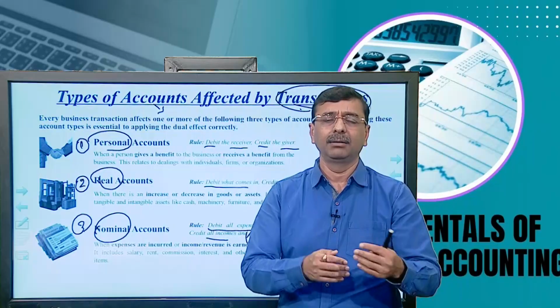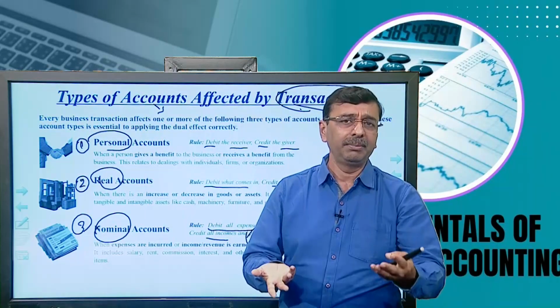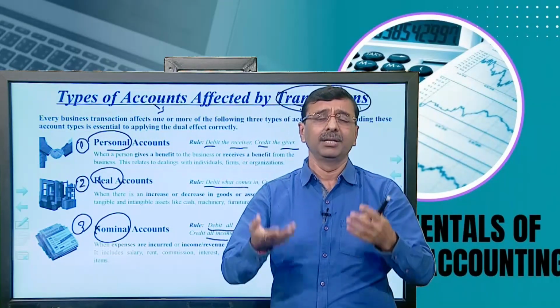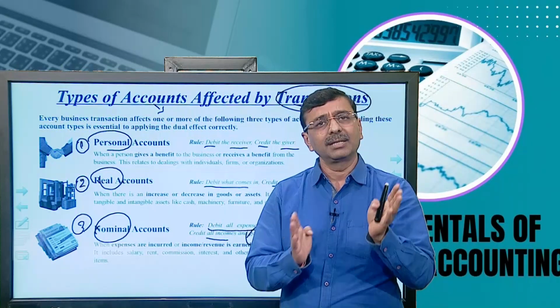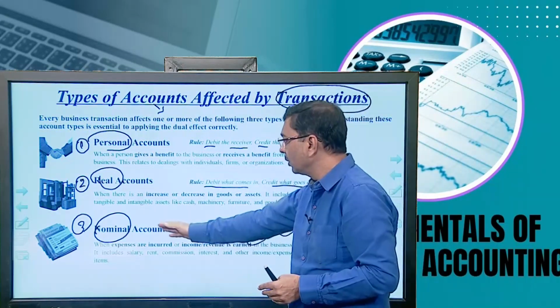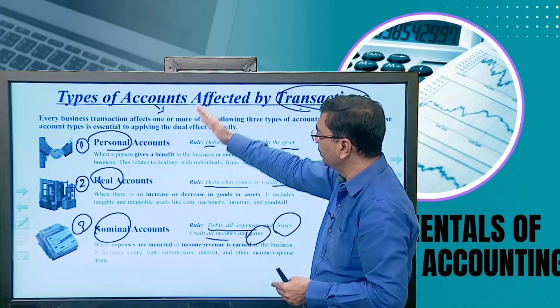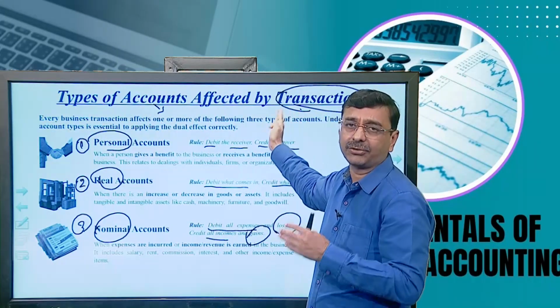Like salary, commission, advertisement expenses, or maybe paid rent, etc. Maybe received commission, brokerage, interest, or dividend. These are the incomes. So all these things affect the nominal account, and these are the types of accounts which will actually be affected by each transaction.